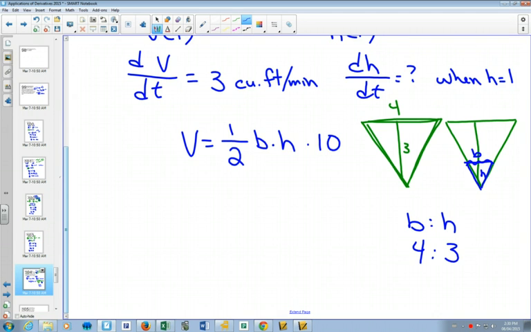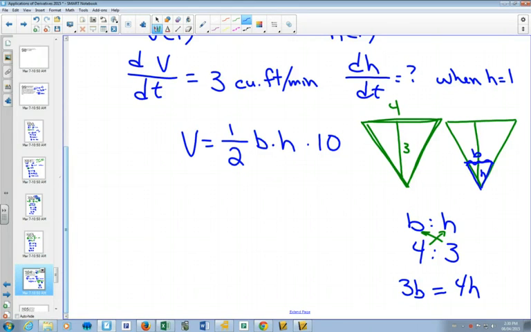If you wanted to make them equal, does it make sense that I would have to multiply the base by 3 and the height by 4? Because right now they're not equal. One's 4 and one's 3, but that's the ratio that they're in. If I wanted to make them equal, 3 bases would equal 4 heights.